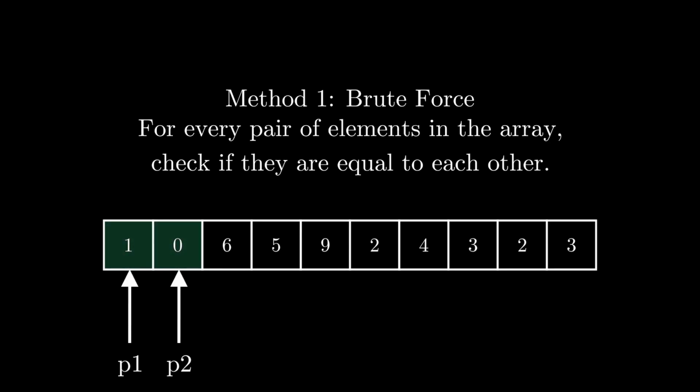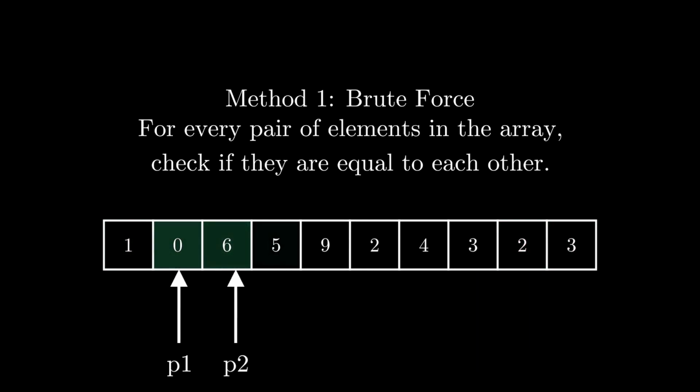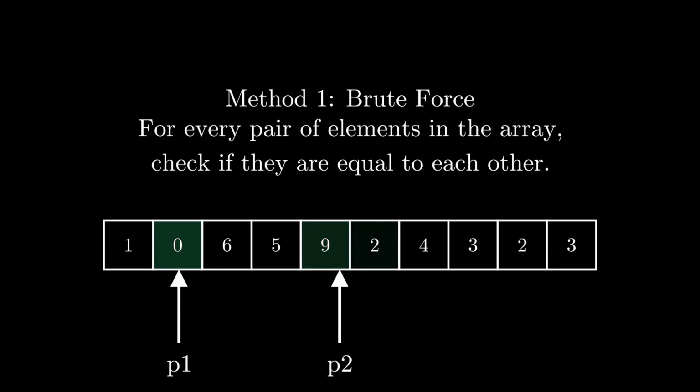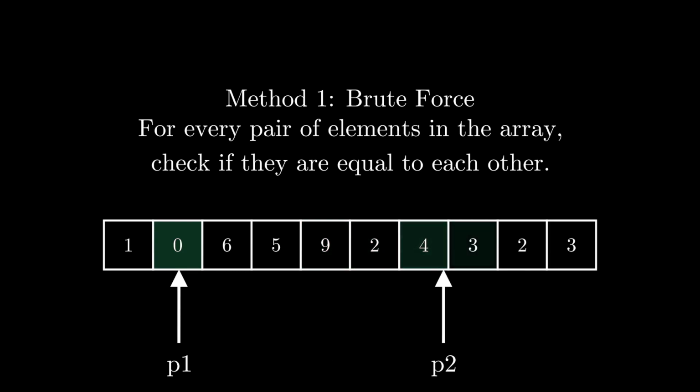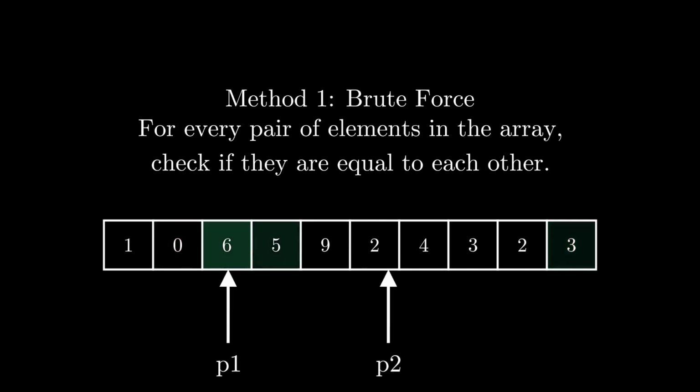Check to see if the array at P1 is equal to the array at P2. Let's keep shifting P2 over to the right by 1 in order to consider a new pair. Once P2 reaches the end, move P1 to the right by 1 and restart P2.